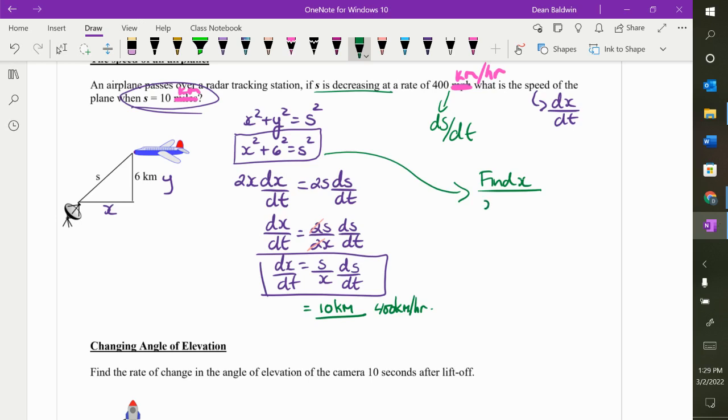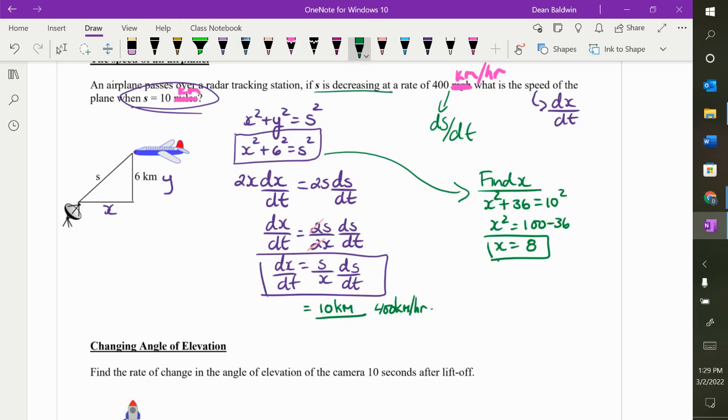So x squared is equal to 100 minus 36. So x is equal to 8. It's actually plus or minus 8, but we ignore the negative 8, right? Because it makes no sense. Yes? So x is equal to 8.